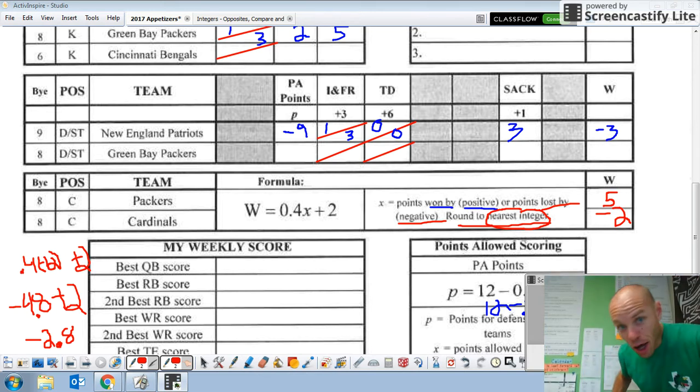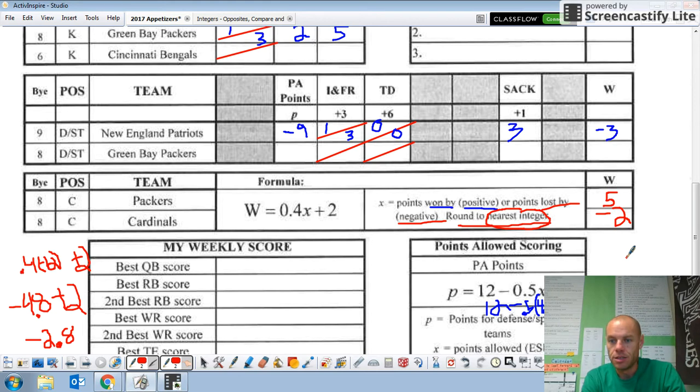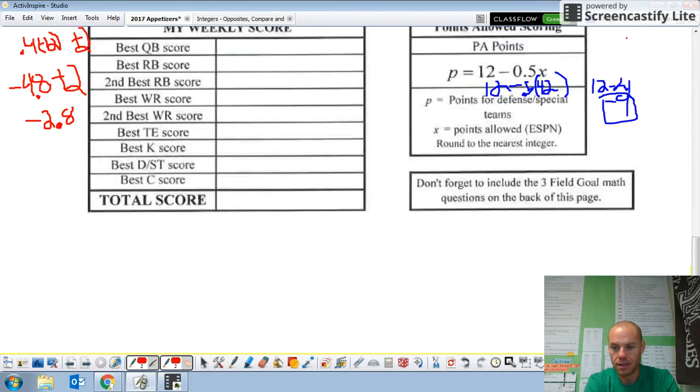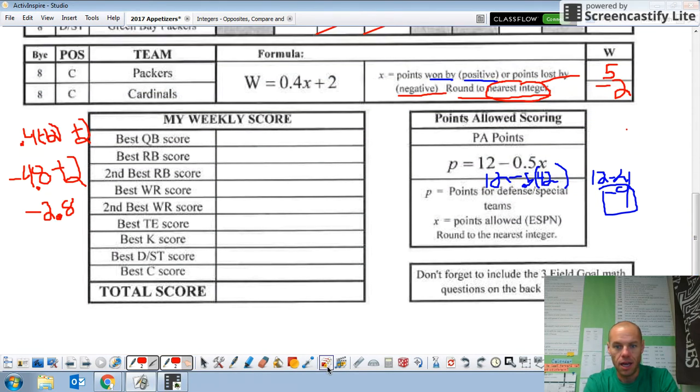All right, guys, I got an update on the coaches. Let me just show you this. So I had on this one negative 2.8. Well, obviously, if I'm looking at a number line, and I got -2 here, and I got -3 here. This is -1.